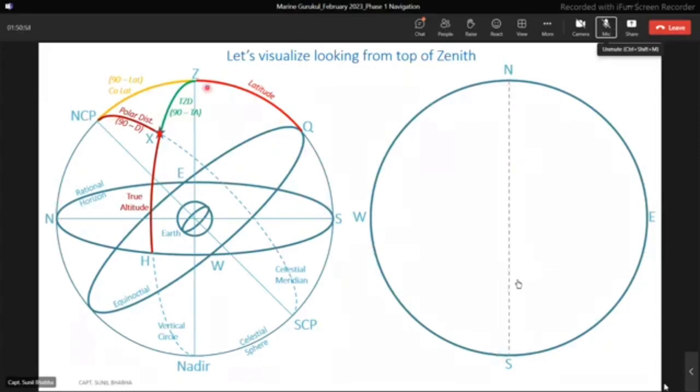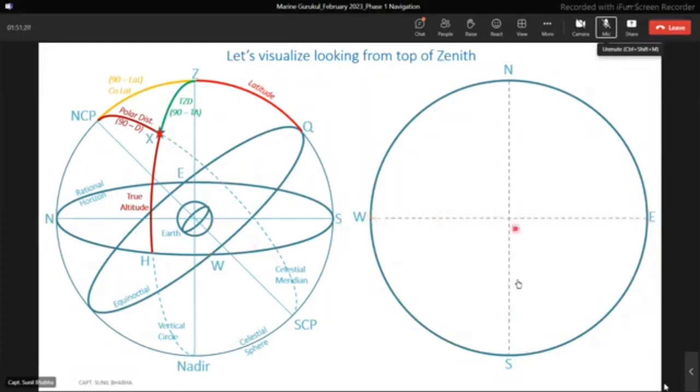Similarly, if you draw a vertical circle which will pass from the zenith and pass from the west point, and also a vertical circle passing from the zenith and the east point, so going from east up to the zenith and coming back to the west point will also look like a straight line when you look at it from top.